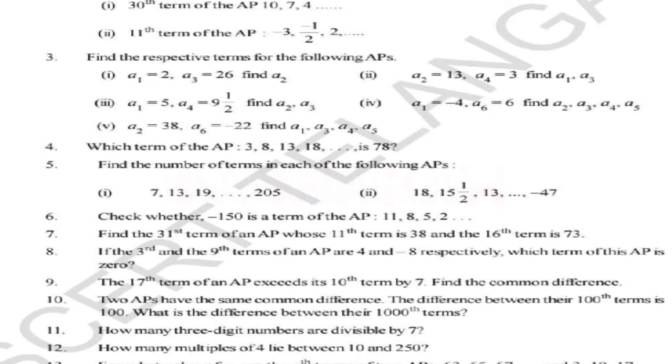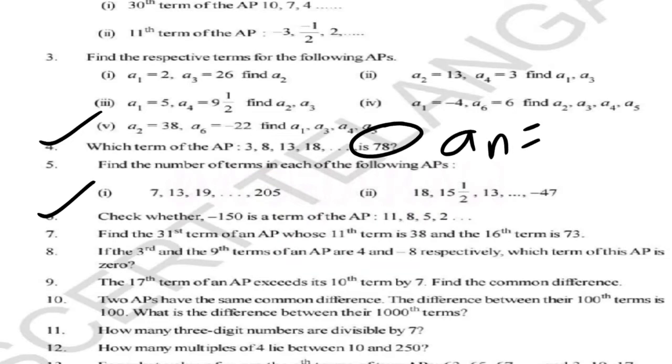So next, sixth question, check whether minus 150 is a term of the AP 11, 8, 5, 2, dash. So it is the same as the fourth question. Fourth and sixth questions are both the same. In the fourth question, we equated 78 to an. So an equals 78.